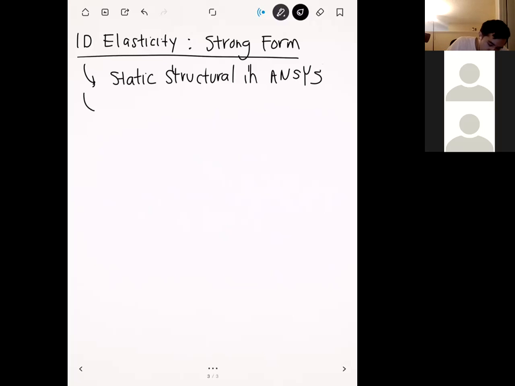What's unique about these equations, if you remember from our first activity, is that our primary variable of interest is the spatial distribution of displacement, which we want to solve for.